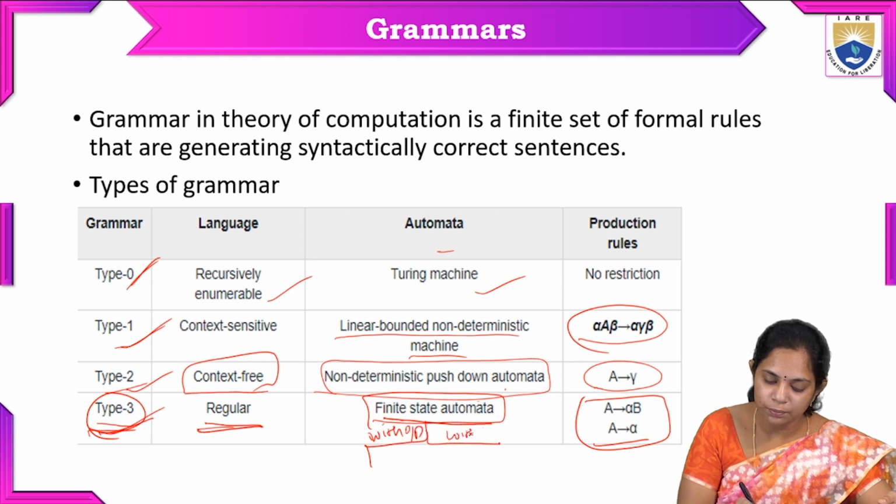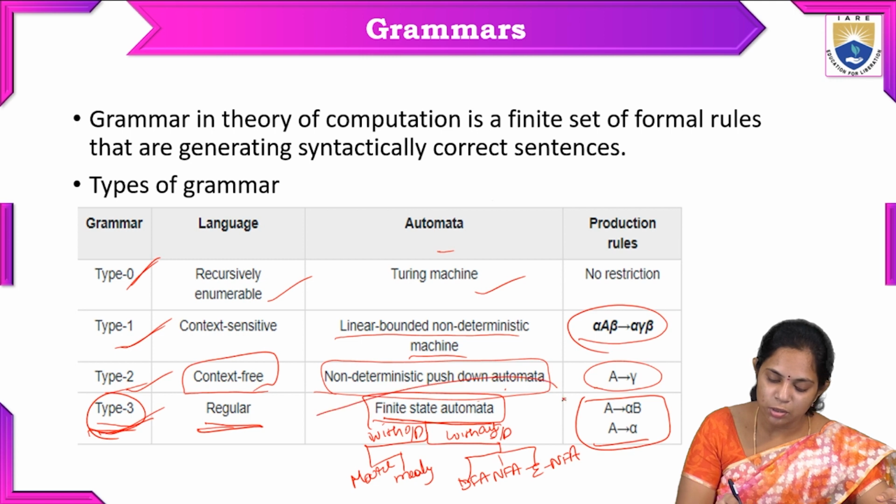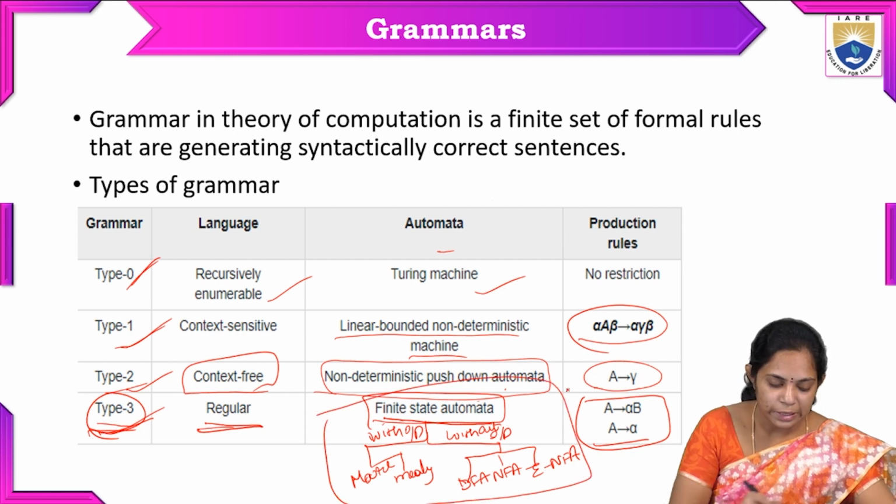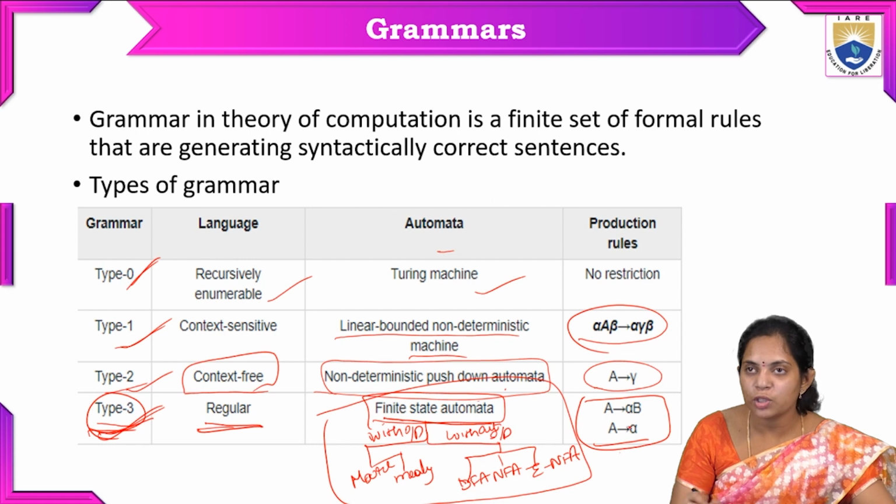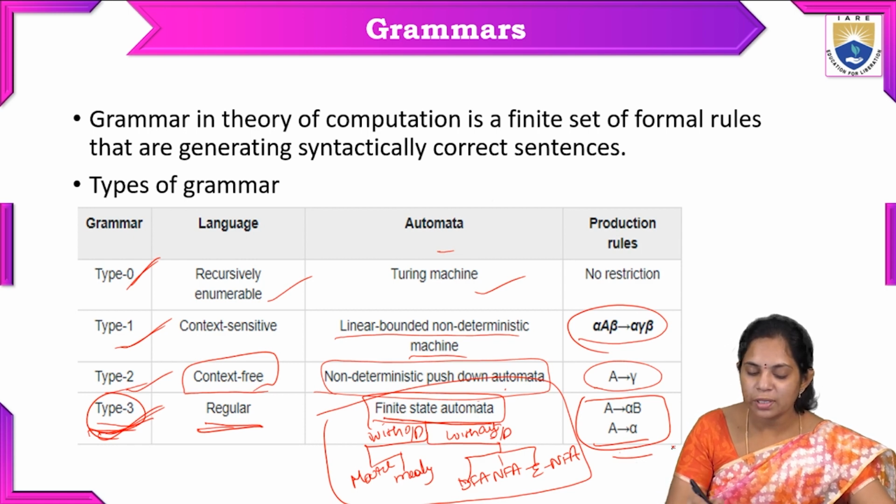Without output we have three types of automata: DFA, NFA and epsilon NFA. These finite automata are used for the type 3 grammar. And what are the production rules? We will discuss this in the next slides.